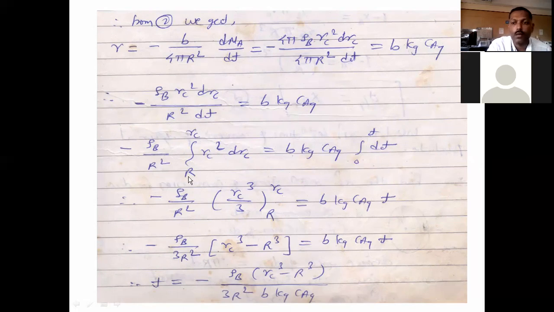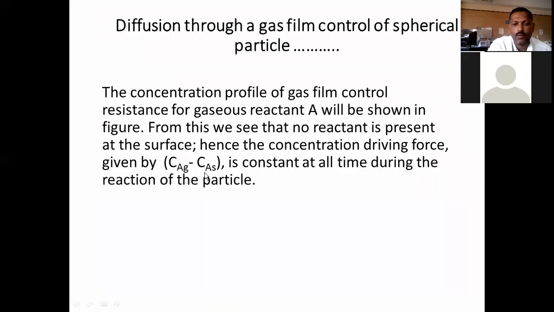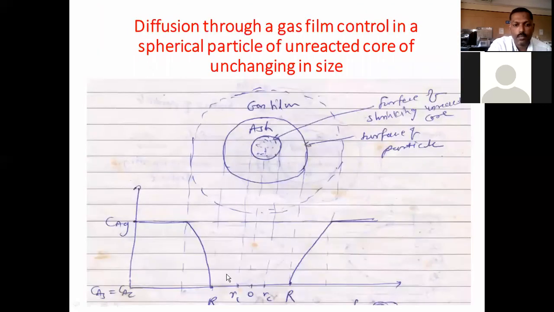The size will decrease from R to R_C. In the figure, capital R is the initial size, with an ash layer formed on the surface of the solid. After some time t, this R will decrease to R_C. So this is the limit, R to R_C: the size of the unreacted core of the solid changes from R to R_C.